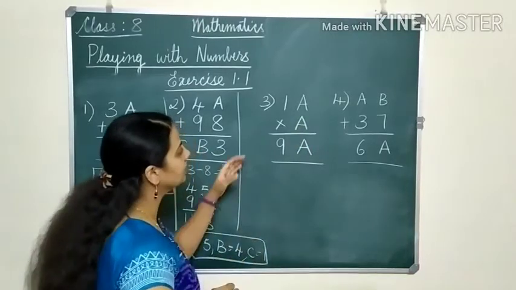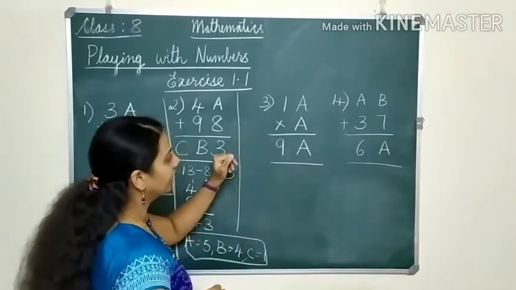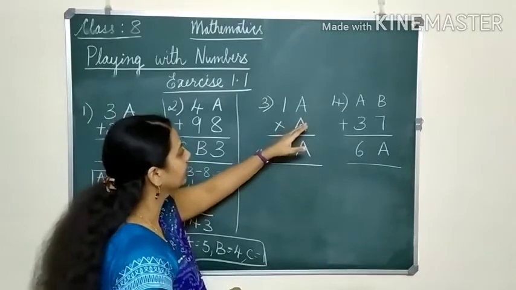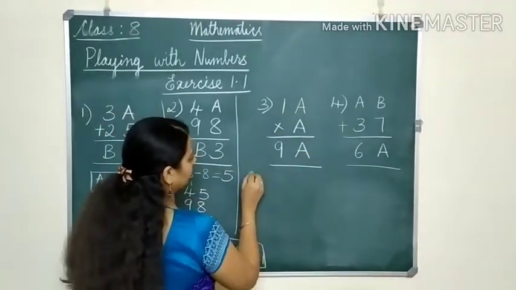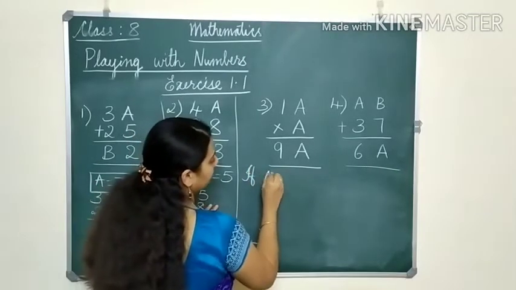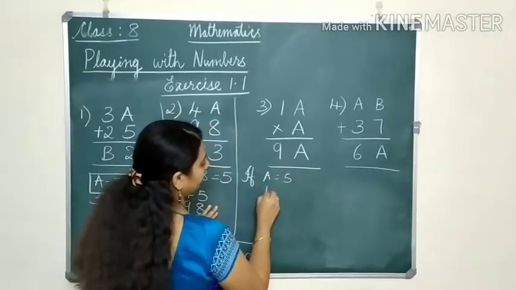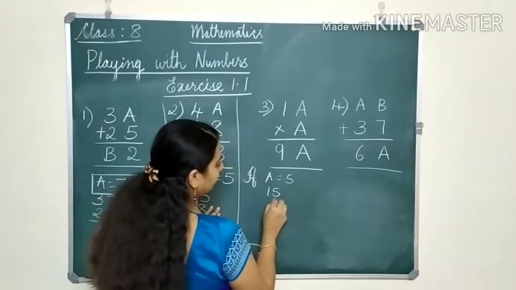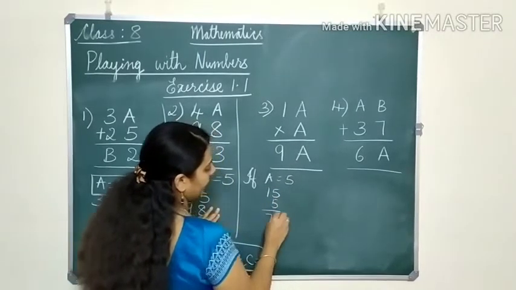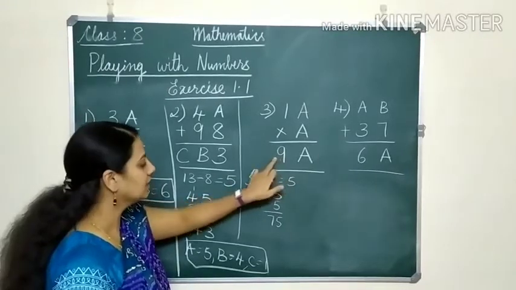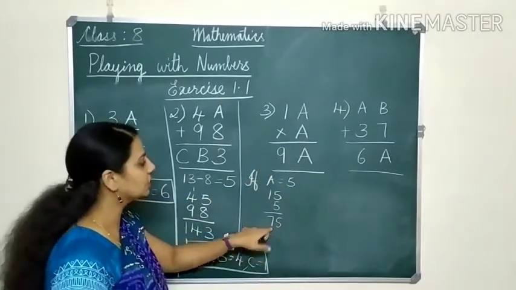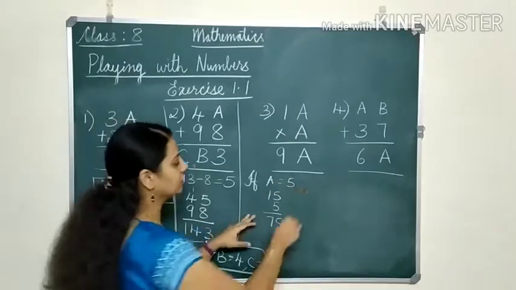So now consider the value of A as 5. 5 5s are 25. So if A equals 5, then 15 into 5 is what? 75. But we want in the tens place 9, which is not matching with this. So A equals 5 is also wrong.